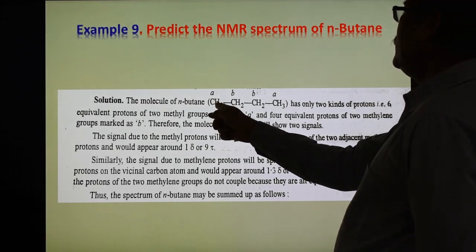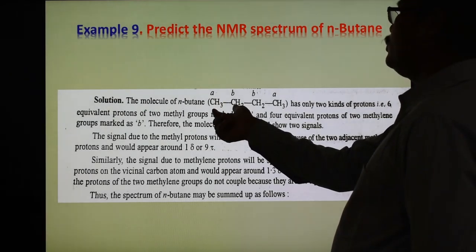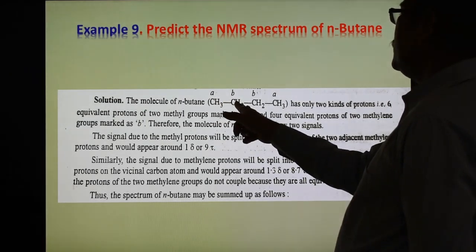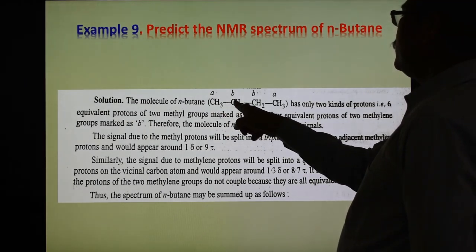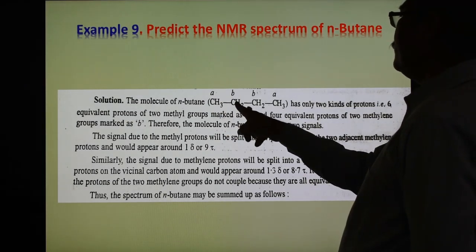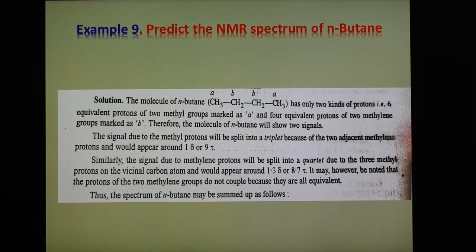For this CH3, a triplet is there because 2 CH2 protons plus 1 is 3. For CH2, with 3 protons adjacent, a quartet is there because 3 plus 1 is 4. So triplet for CH3, quartet for CH2. In this way they split, and the spectrum of n-butane is expected in this way.